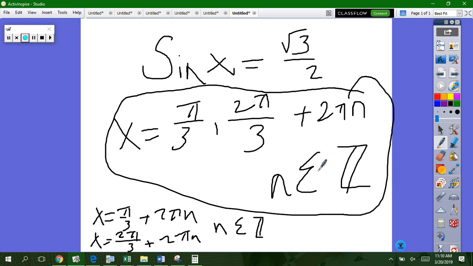So the E means belongs. That's another word for belongs. And the Z looking thing is the symbol for integers. If you want to know the other ones, our most basic is natural numbers, and it looks like this. Then our next number is whole numbers. I think whole numbers is the W, like that. Rationals is, which one's rationals?